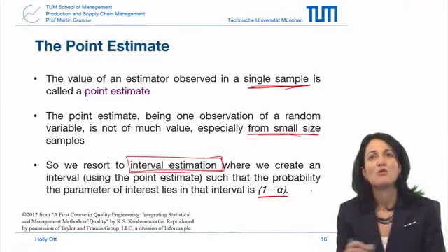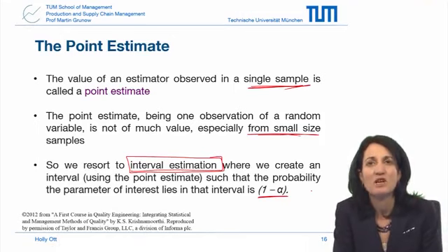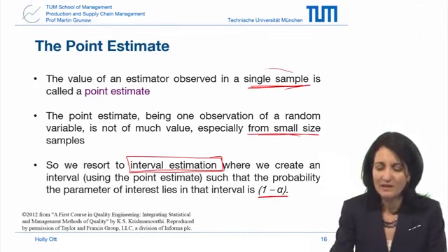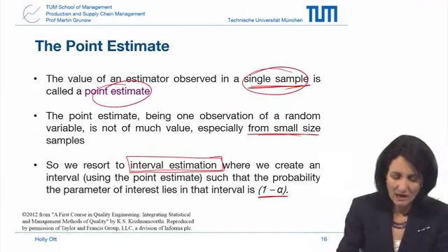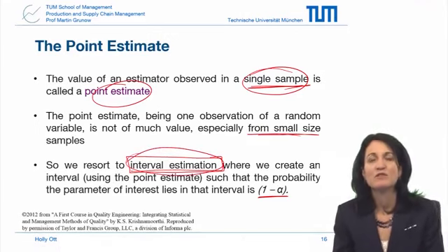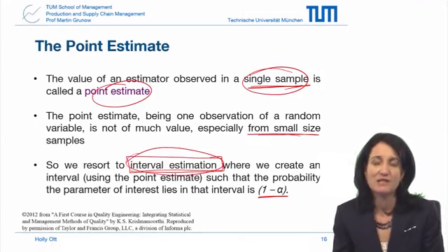And this is called a 1 minus alpha confidence interval for the parameter. This is one of the two techniques for inferential statistics. We take from a single sample our point estimate, and we conduct an interval estimation then to help us draw conclusions about that statistic to gain information about our population parameter.